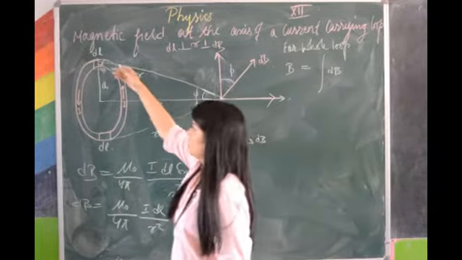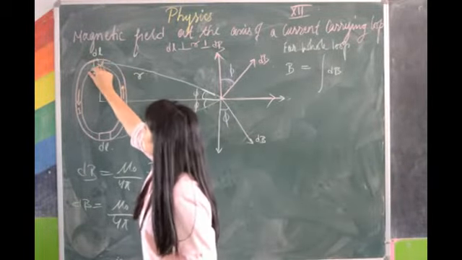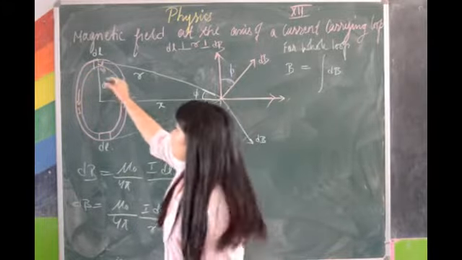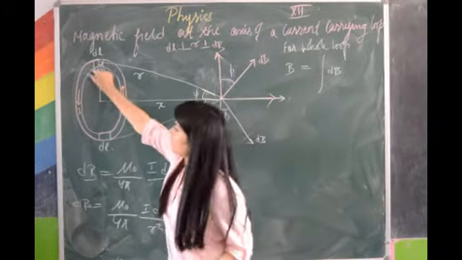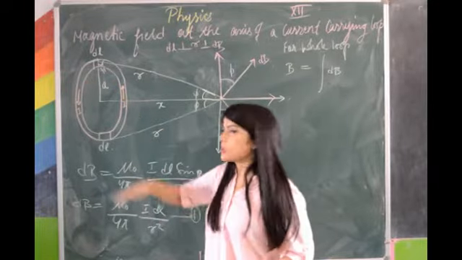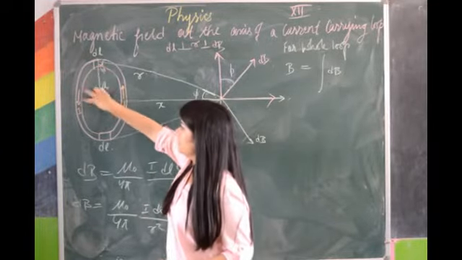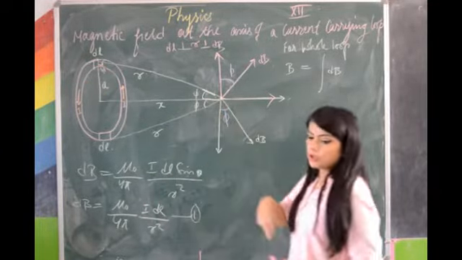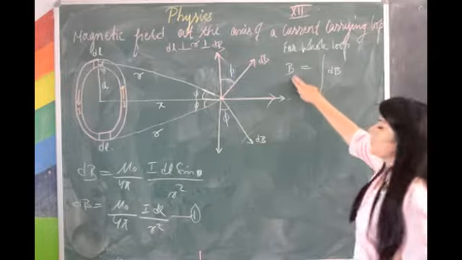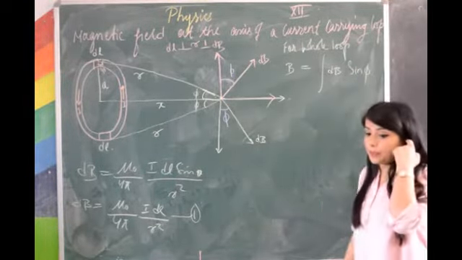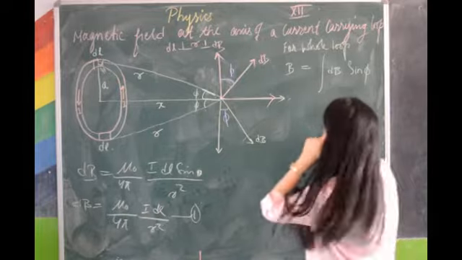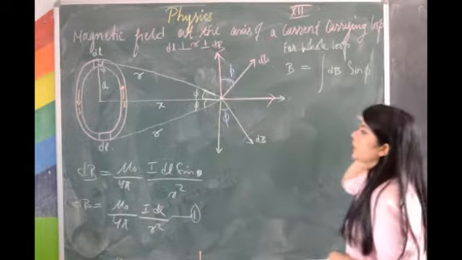When we change the position of dl over here, this phi changes. When we change to a different point, this phi keeps on changing according to the position of this dl. That means when we change the current element or the dl point over here, this phi keeps on changing. So your integration should be along sine of phi. Okay, the integration should be along dB sine of phi, because it is a circular loop.